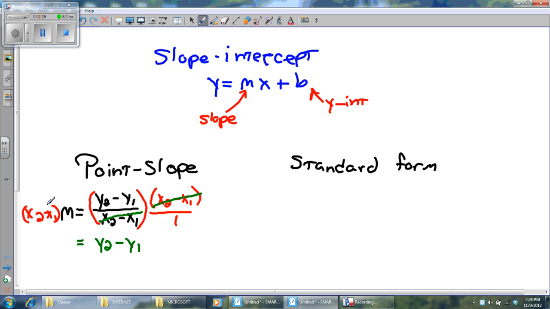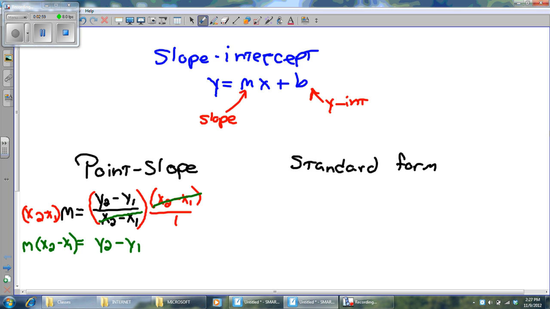On the other side, I could just write it m times the quantity of x sub 2 minus x sub 1, right? Where x sub 2 and x sub 1 are x coordinates, y sub 2 and y sub 1 are y coordinates, and notice the 1's change sign.